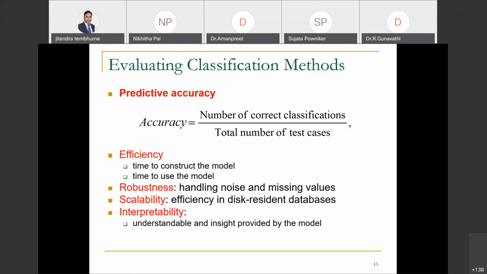If they are not insightful, we have to see whether the data sets we have chosen are right, because everything depends on the data set you choose for future prediction. So if the model provides proper information with respect to the data on which it has been learned, we say that the model is interpretable, and that also we can measure.